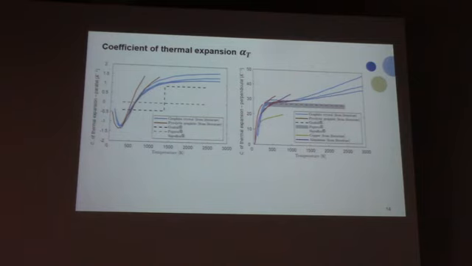Finally, the coefficient of thermal expansion is very important. Here we have the thermal expansion in the in-plane direction, and the values are very close to 0, going from -1.5 to 1.5. For example, this is a commercial flexible graphite, and it has no thermal expansion in the in-plane direction.